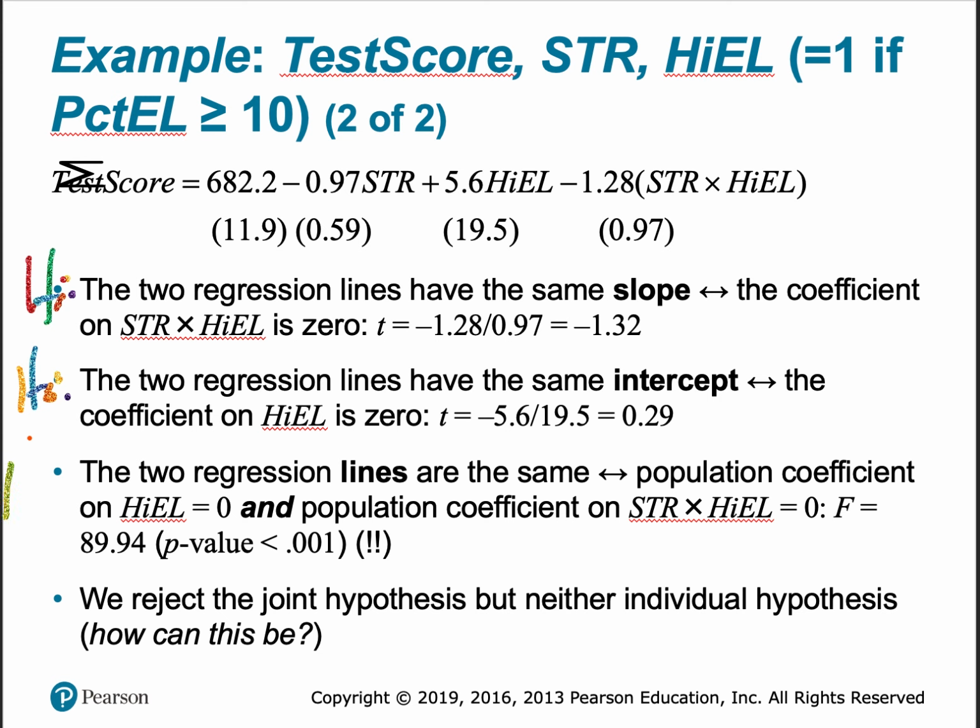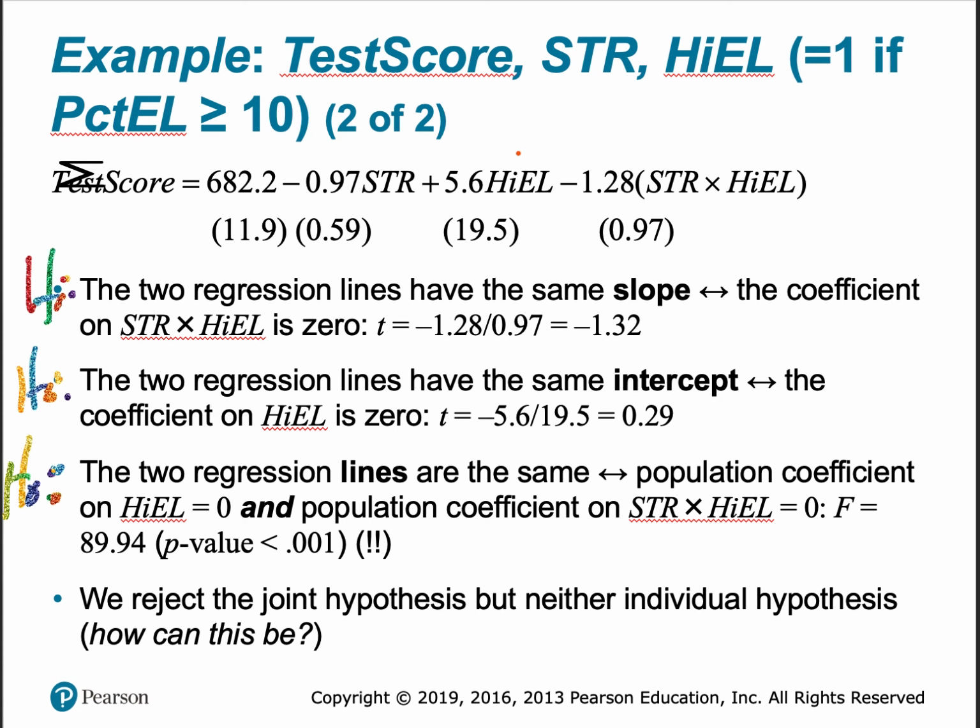However, it is important to do a comprehensive statistical inference evaluation, carrying out a null hypothesis on this statement being the two regression lines are the same. Are the two regression lines the same? That is a joint test of statistical significance of the population coefficient on high EL equal to 0 and population coefficient on STR times high EL equal to 0.